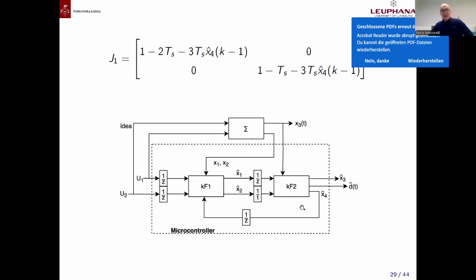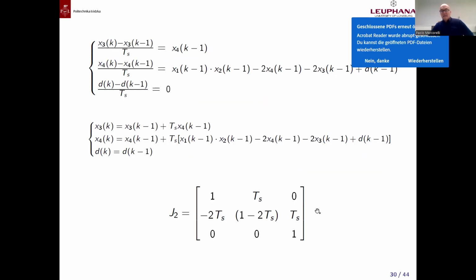I mean, now the second group of the equations are here. This means to obtain X4, we have a delay.